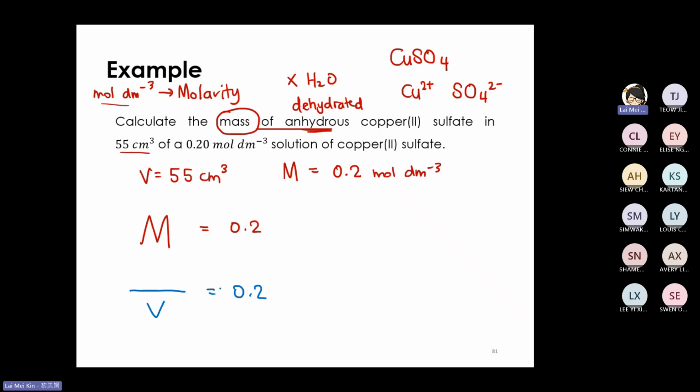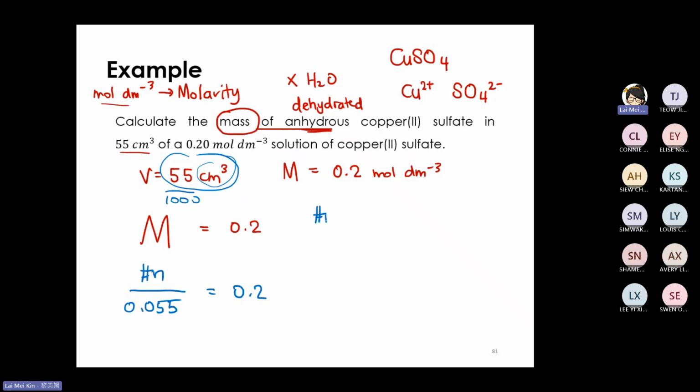So try to calculate the number of mole. What is the volume that you use? Because you divide by 1000. Always double check your volume for concentration must be in decimeter cube. So if it is in centimeter cube, please convert to decimeter cube.